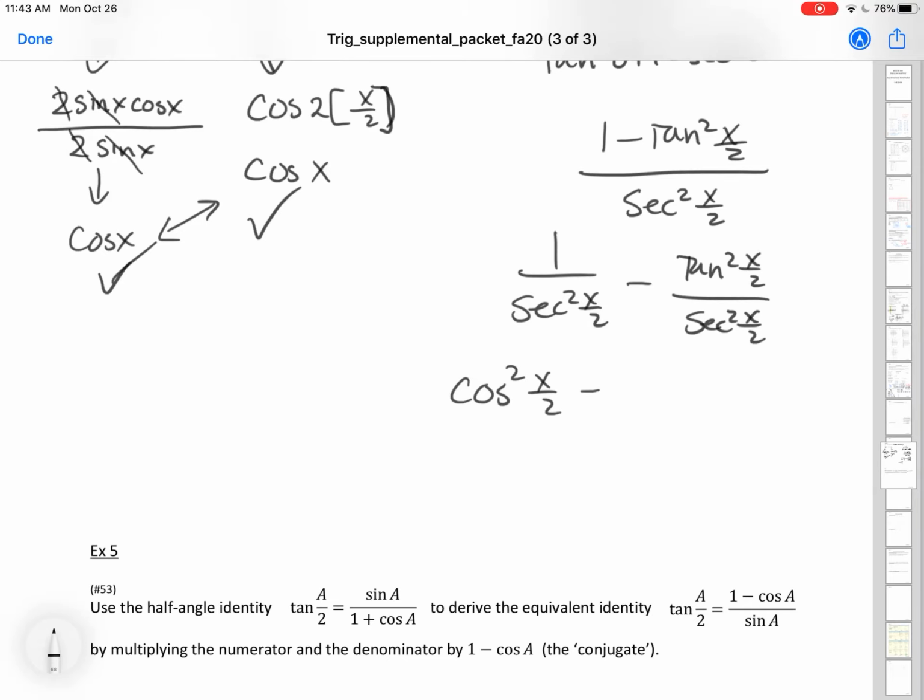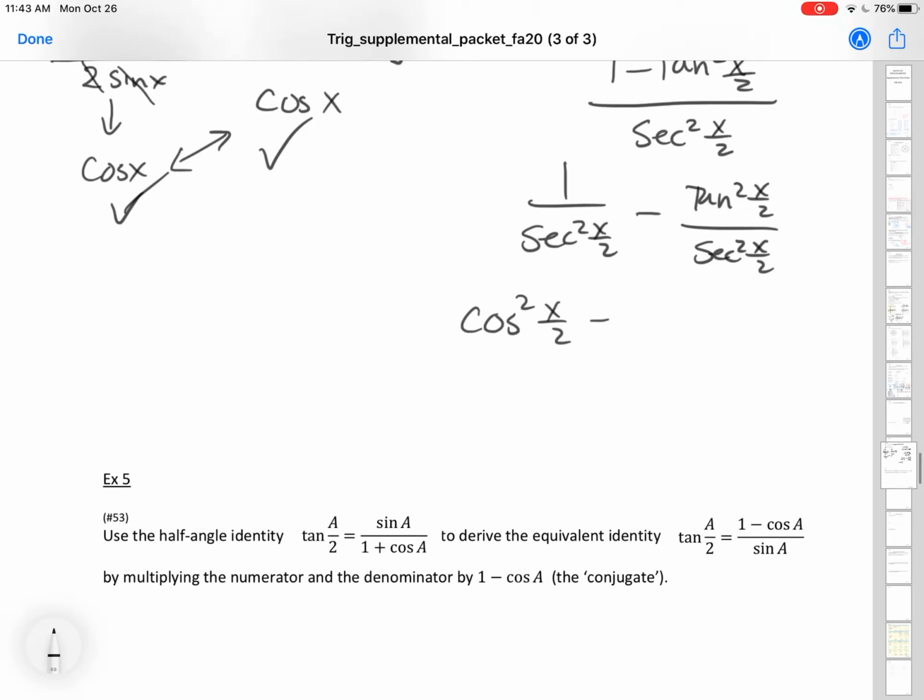And then what about here? Tangent squared is sine squared x over 2 over cosine squared x over 2. Secant squared is 1 over cosine squared of x over 2. So this is just the cosine squared of x over 2 over 1.